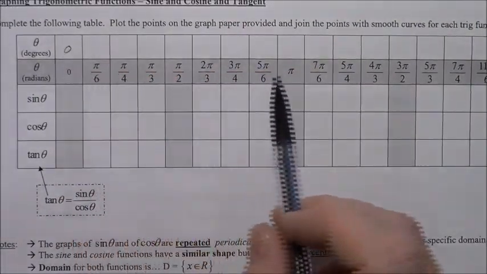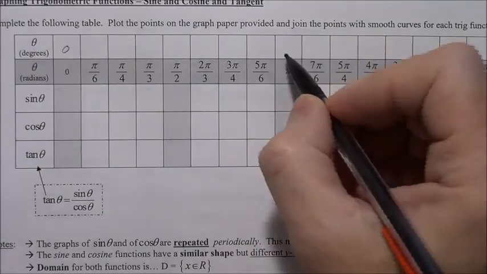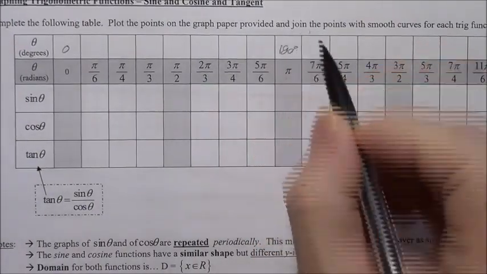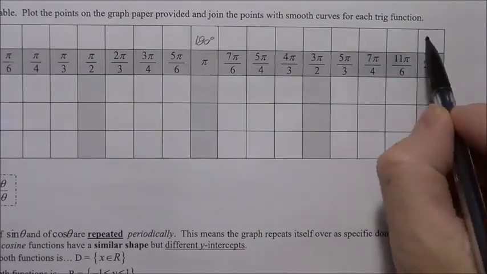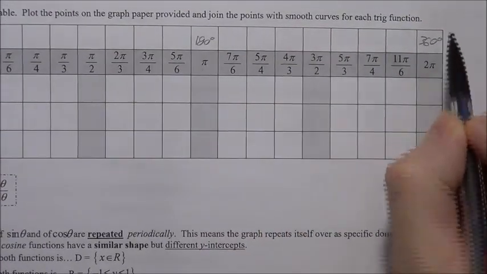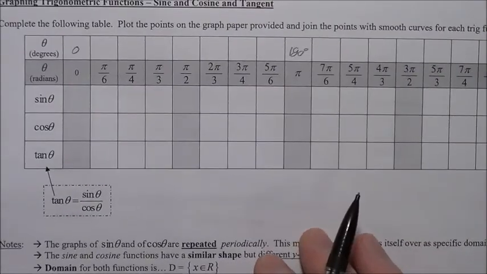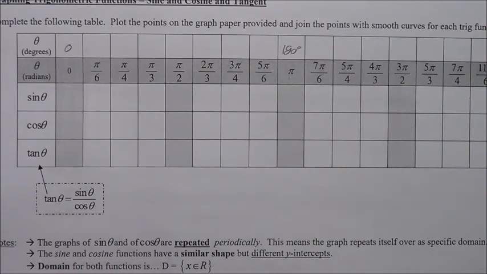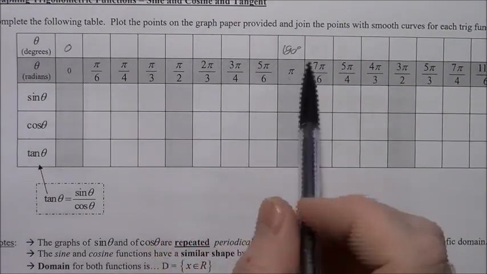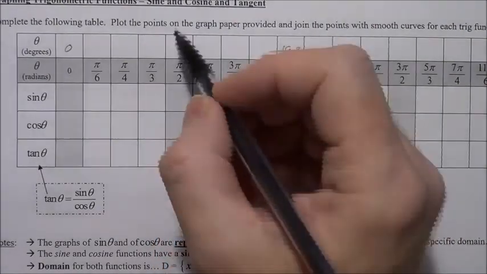We've learned that pi radians is 180 degrees, and then of course that means that 2 pi radians is 360 degrees. Then from there we just use the fractions to get the rest of the angles in degrees. So if pi is 180, then pi by 2 would be 90.